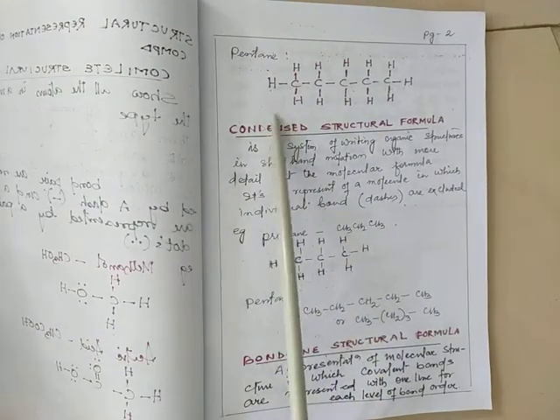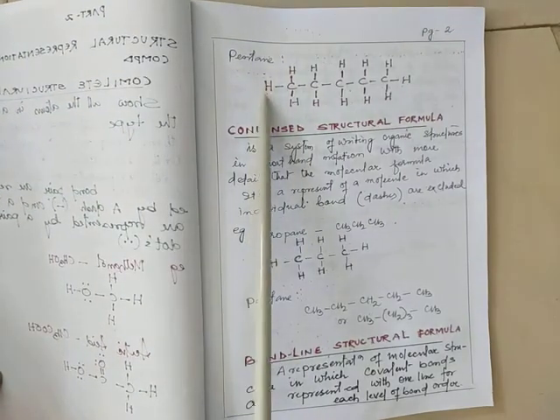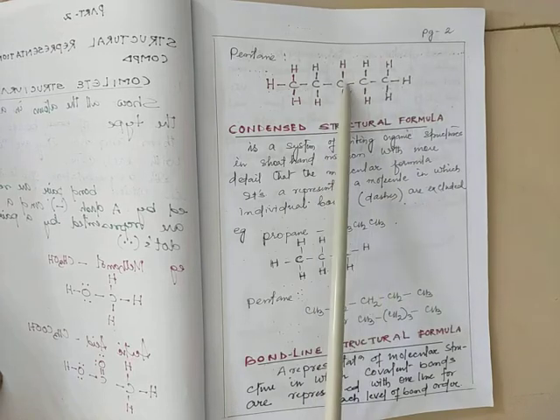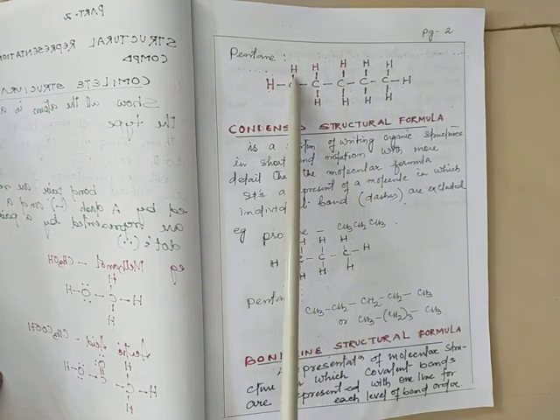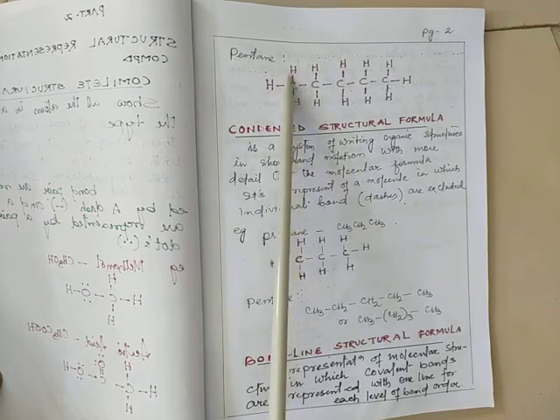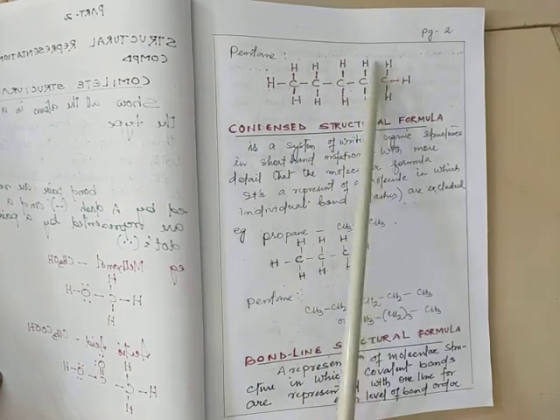Now another example is pentane. We will take pentane, a straight chain. Pentane means 5 carbons, and these 5 carbons are with hydrogen only. So 1 hydrogen, 2, 3, 4, 5, 6, 7, 8, 9, 10, 11, 12.